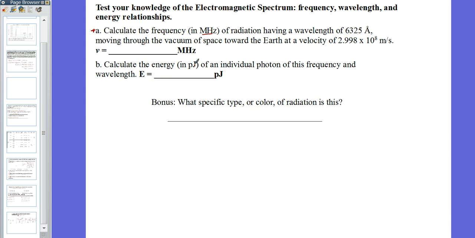So we're going to take the equation that you have relating the speed of light to frequency, nu, which looks like a V, and wavelength, lambda, which kind of looks like a Y, or a headless person running with one arm behind their back or something, I don't know. But the part that you're going to have to do first is look at your angstrom measurement.